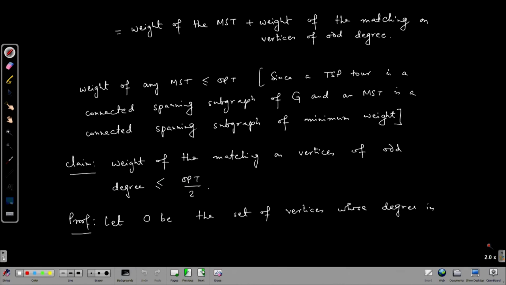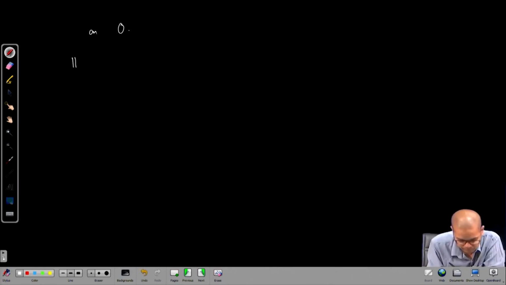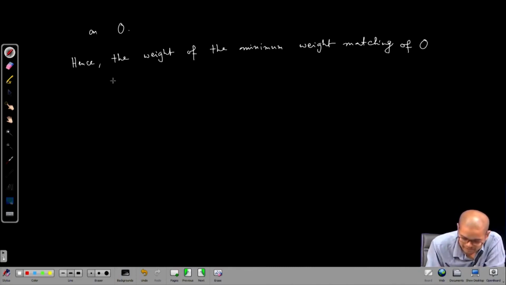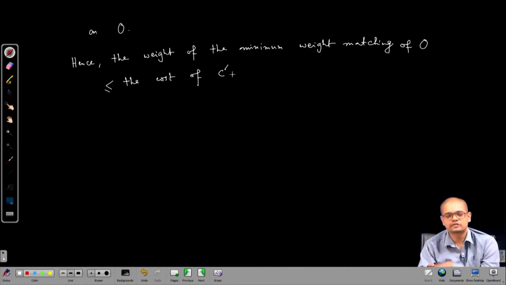So, hence the weight of the minimum weight matching of O is less than or equal to the cost of C prime by 2, simply because C prime consists of two matchings on O and we have added this.